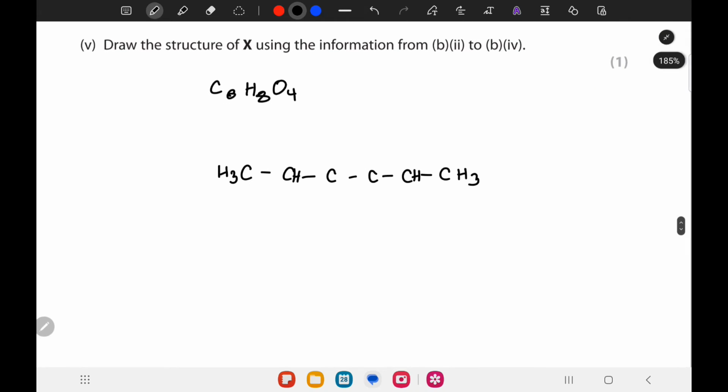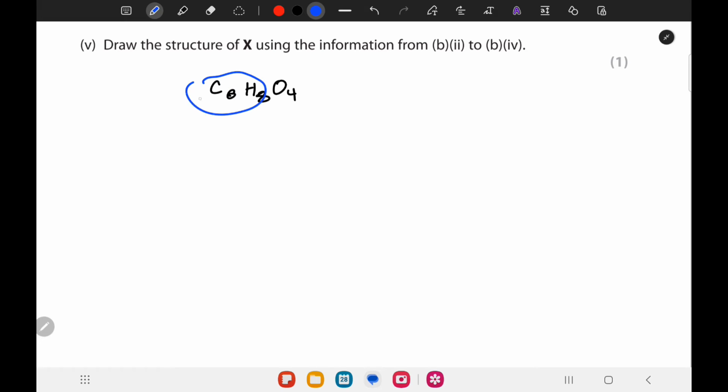If I want to move this out, put a double bonded oxygen over here, since we won't have any hydrogen in the central carbon. And I cannot do anything else if this is a straight chain. So we can try it with a cyclic compound. We'll try a cyclic compound since the carbon to hydrogen ratio is very low.